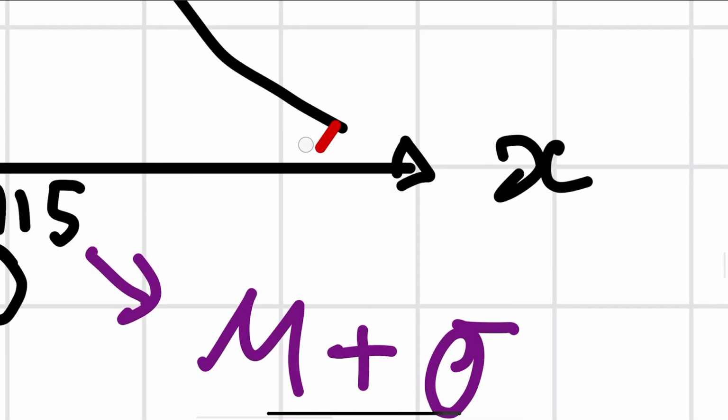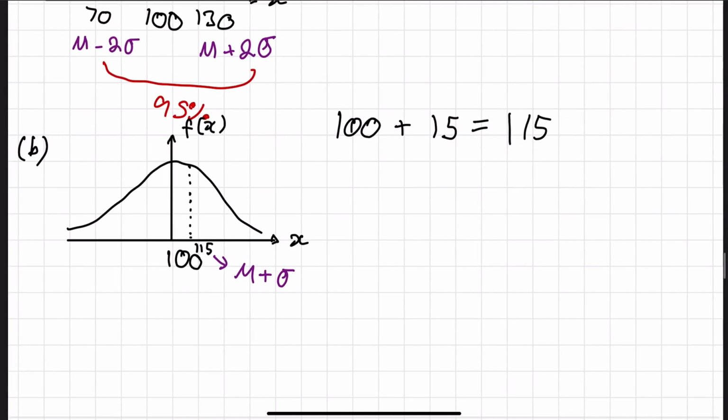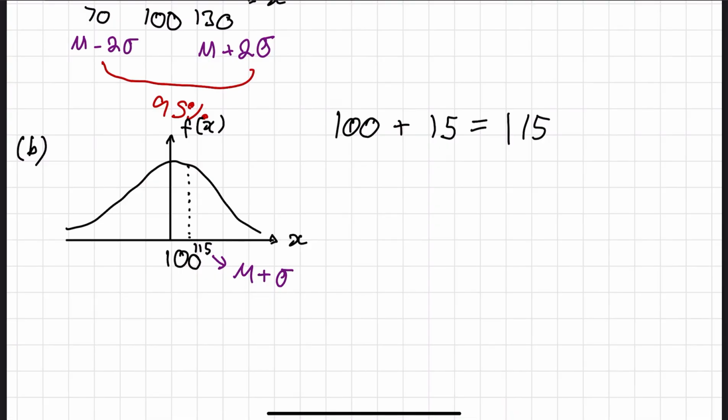Let's have a think. I know if I take 100 and minus a standard deviation, that gives me 85. So let's add in our 85 over here. And that is the result of the mean minus a standard deviation.